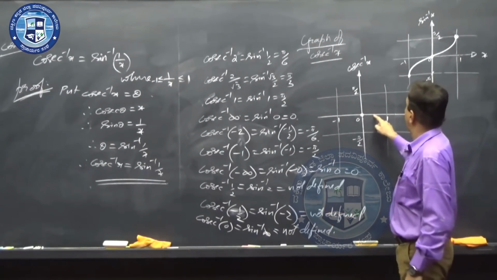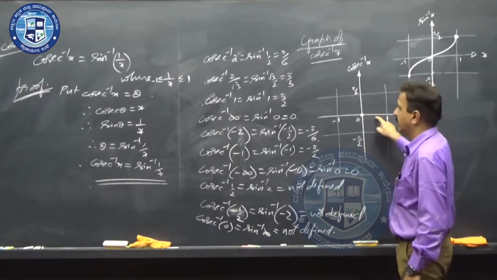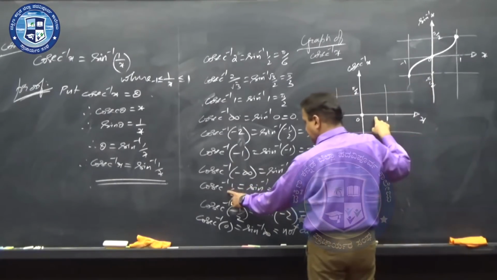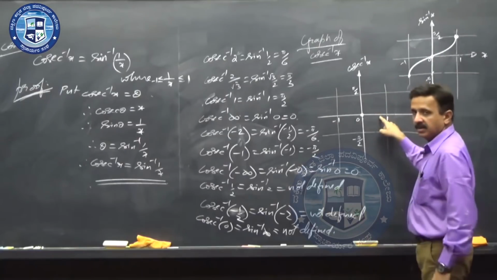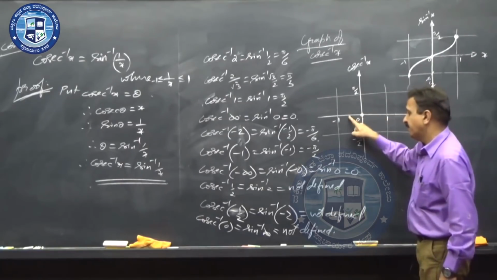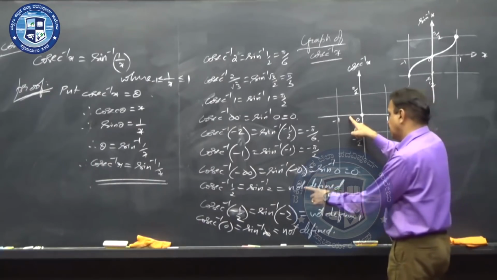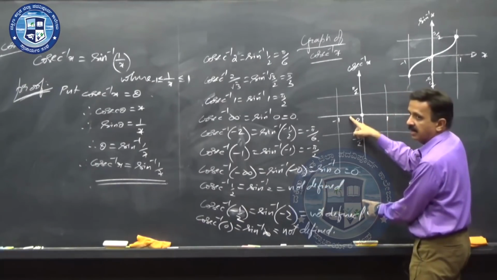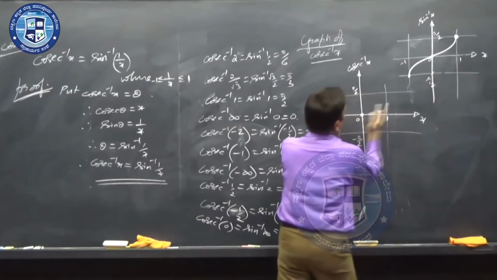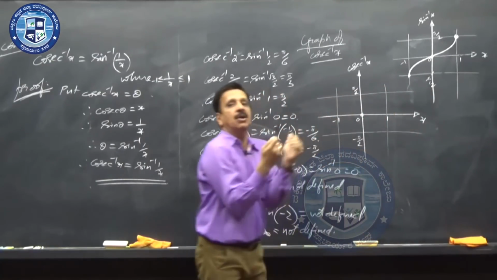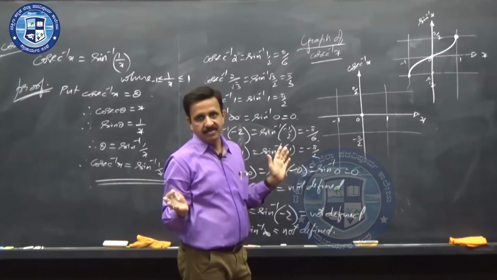Next, if you take the value of half, x is half. When x is half, cosec inverse half is not defined. Look at this. Minus half, if you take cosec inverse minus half, it comes somewhere, and cosec inverse minus half is not defined. Any value between 1 and minus 1, if you take cosec inverse of that value, it is not defined.